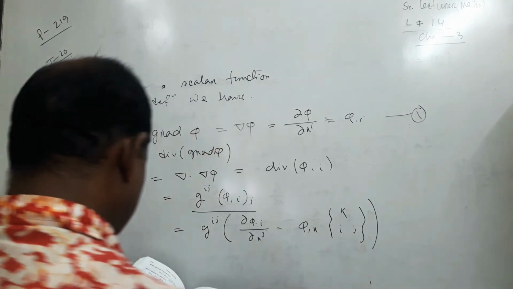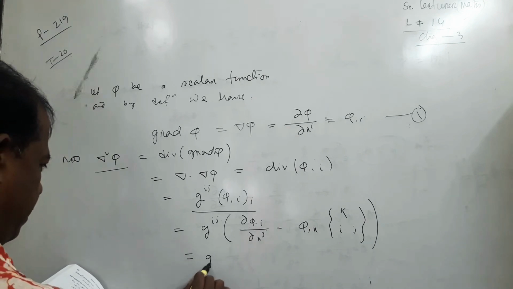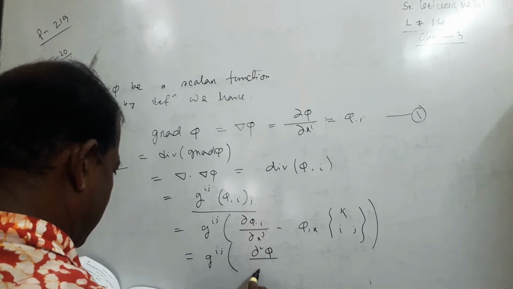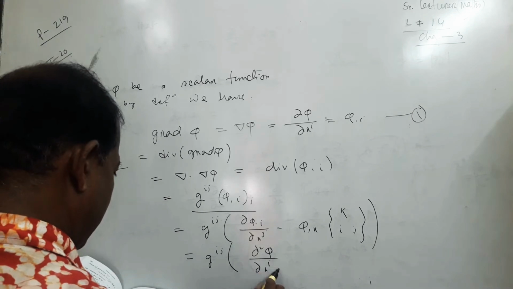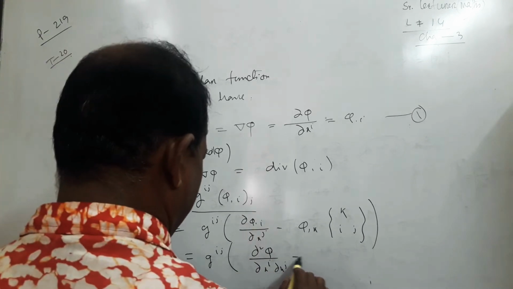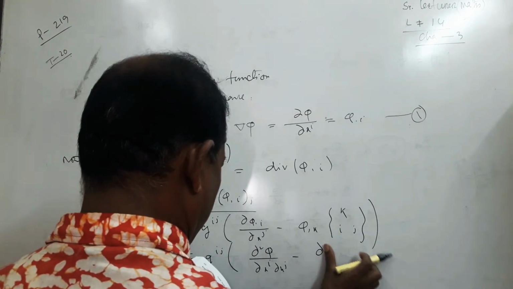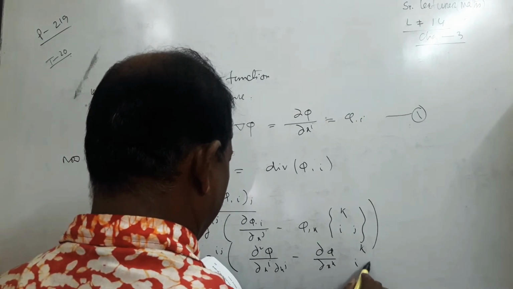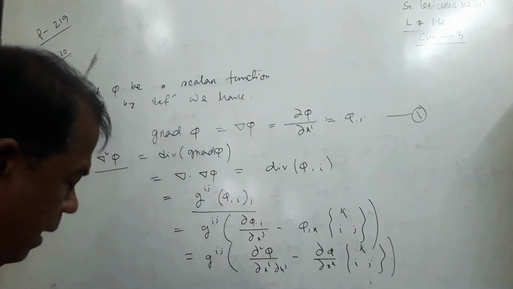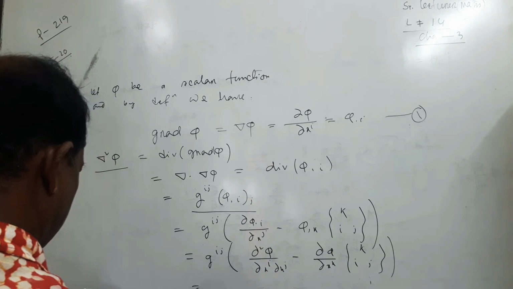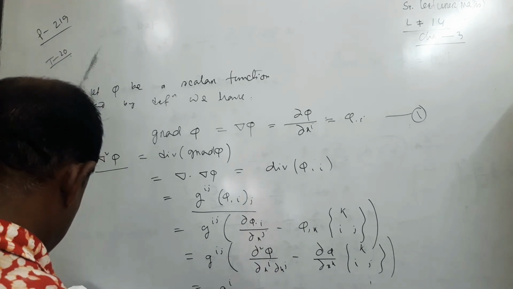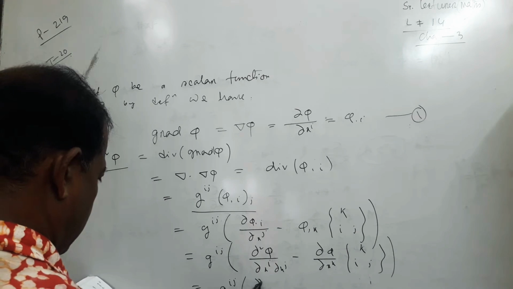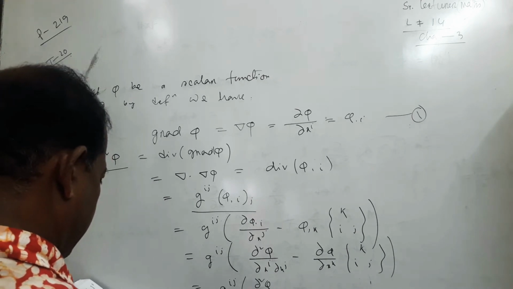Okay, clear? Now the derivative is del square phi divided by del x^i into del x^j, minus del phi divided by del x^k times Γ^k_{ij}.